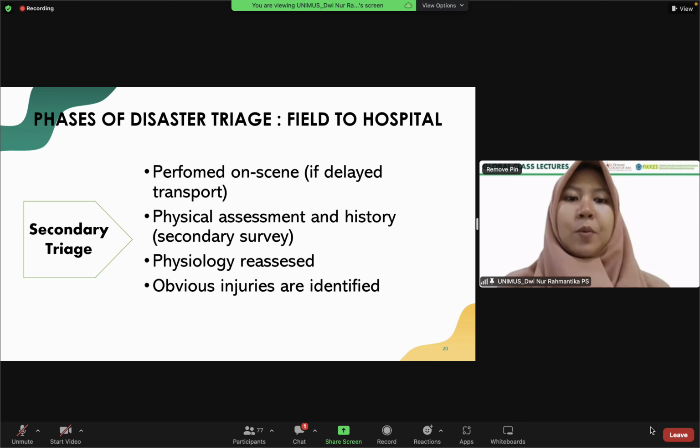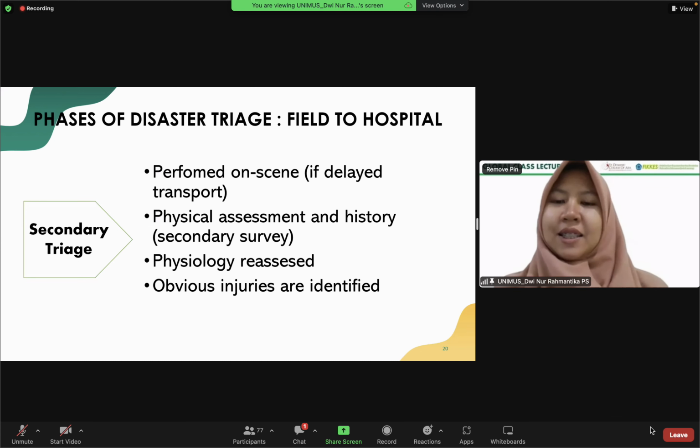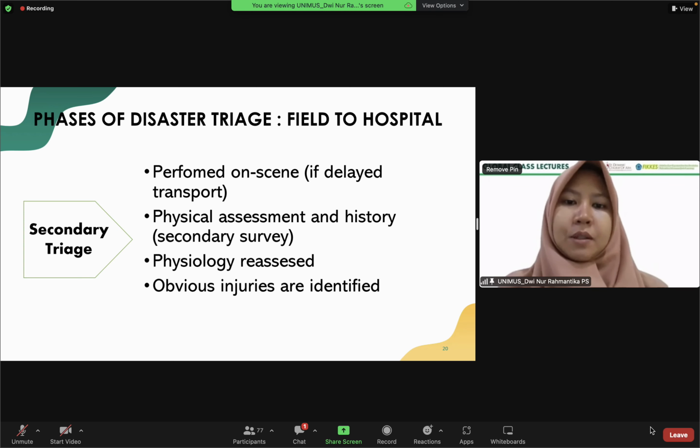But the better option is that the patient is soon transferred to the hospital. So we perform it on scene if transport is delayed. In secondary triage, we do a more specific assessment, which we call a physical assessment and history.